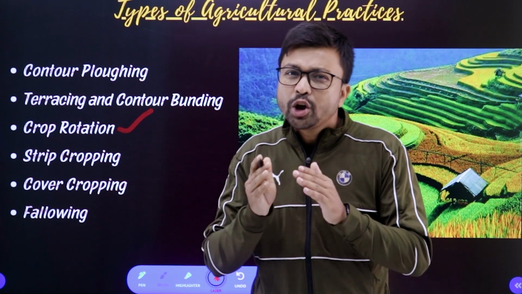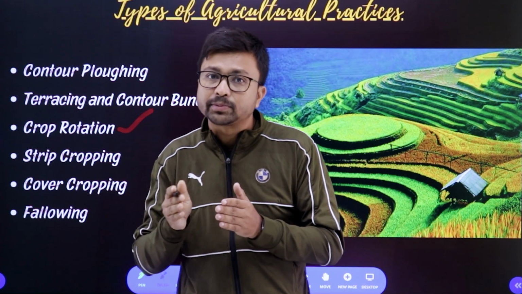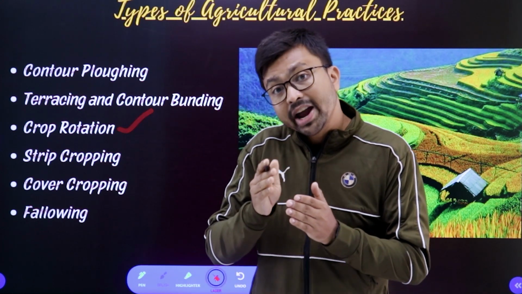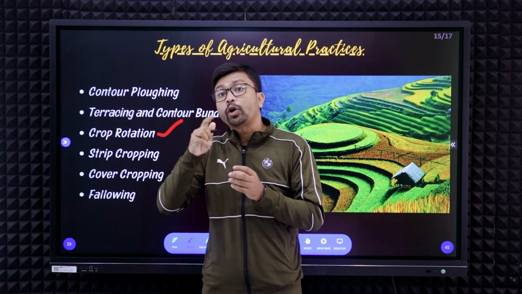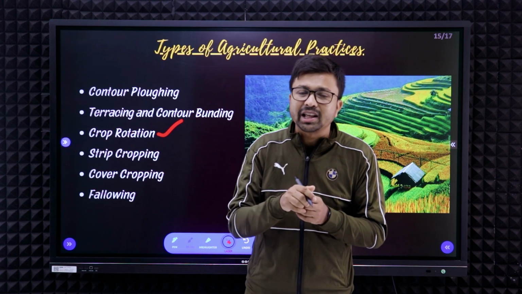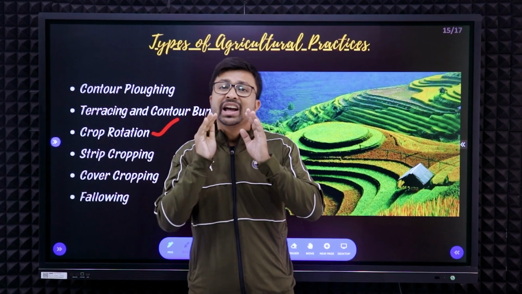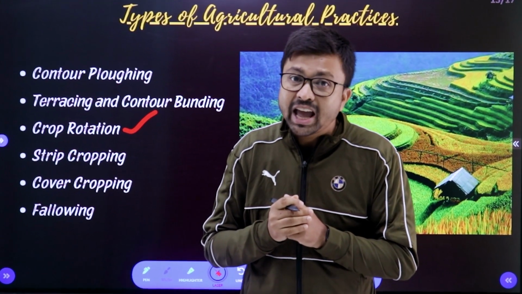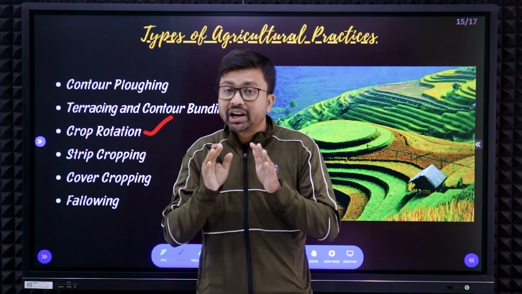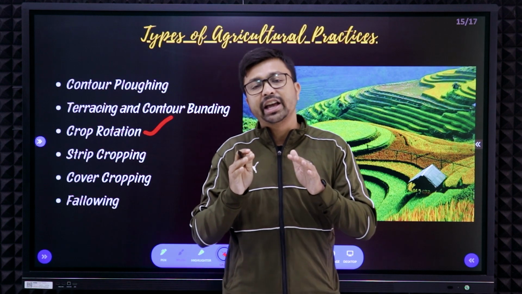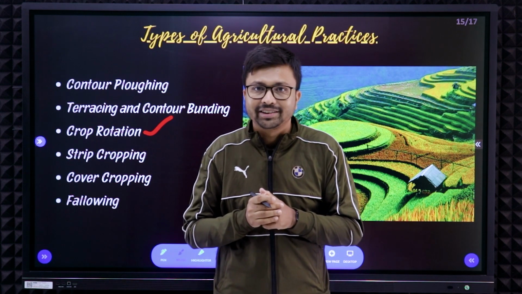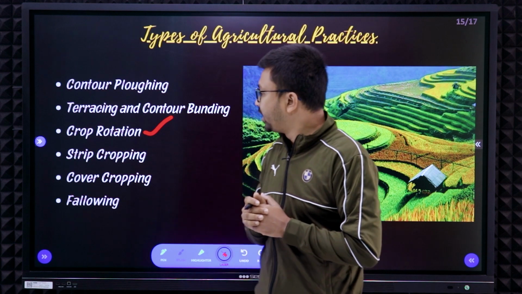In place of that, if we cultivate different types of crops in the same agricultural field, then the minerals that crop type 1 collects from the soil, crop 2 will collect different minerals, so the soil will get time to regain the minerals, and the proportion of different minerals will remain safe. So in that way soil fertility will remain, and we can get crops again and again from the particular land. So that also will be very helpful.